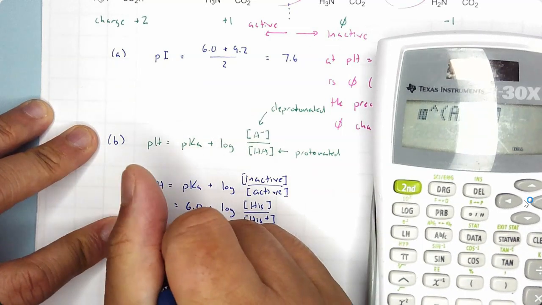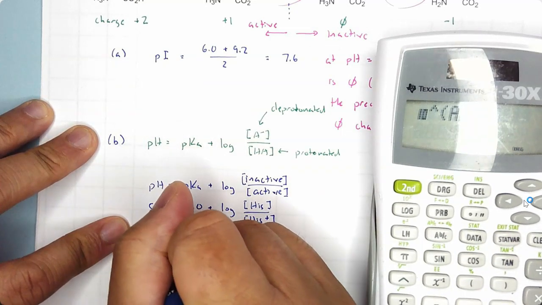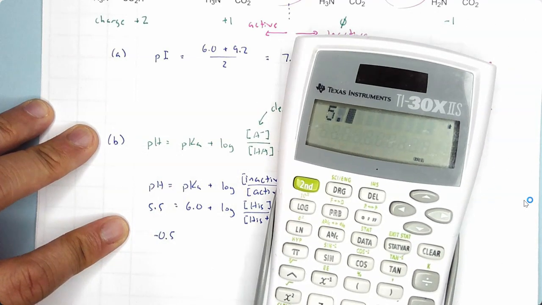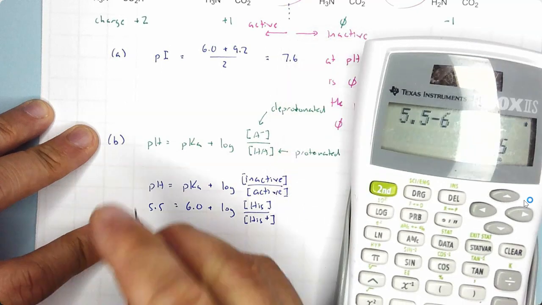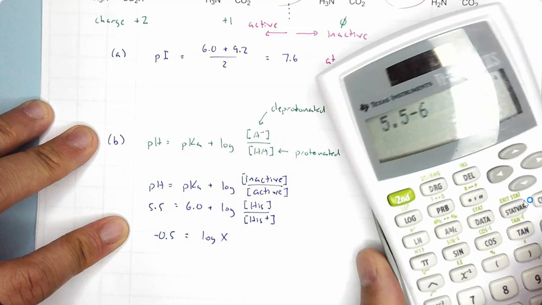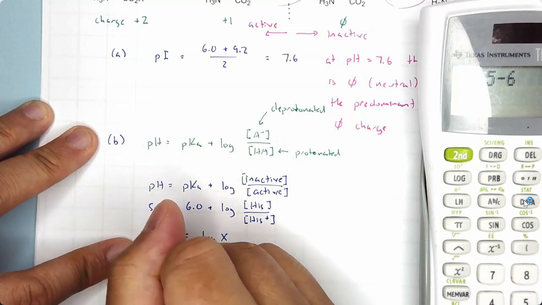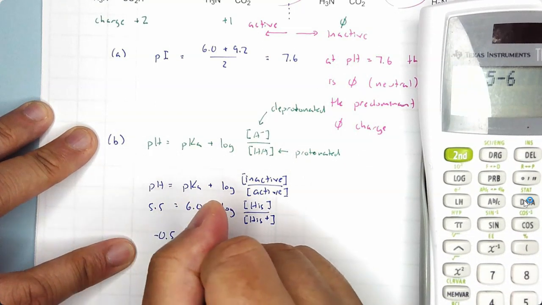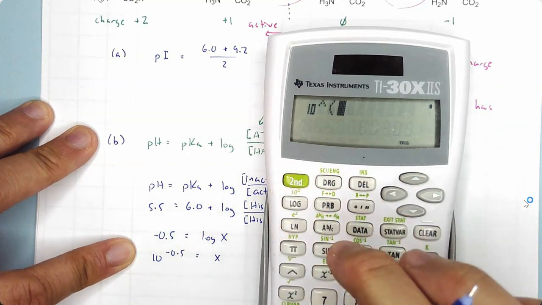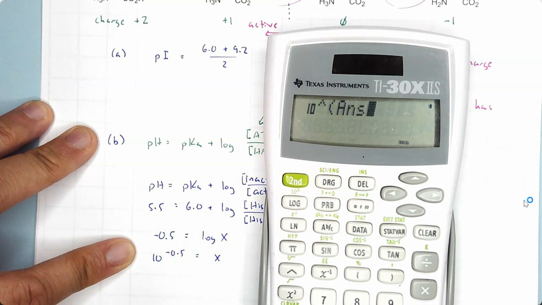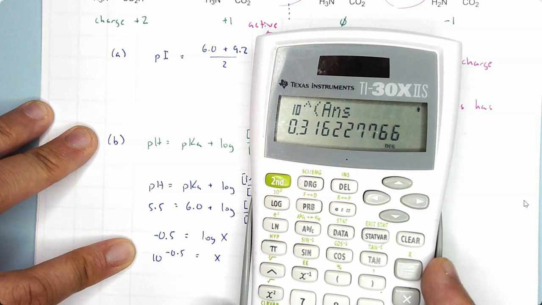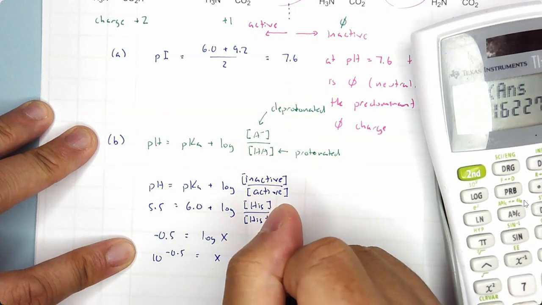So this is negative 0.5, I believe. Let's try this one more time. 5.5 minus 6. Okay, good. And that equals log of your x. And so it's 10 to the negative 0.5 equals x. So 10 to the answer, which is negative 0.5. Okay, 0.3, let's round to 2. So x equals 0.32.